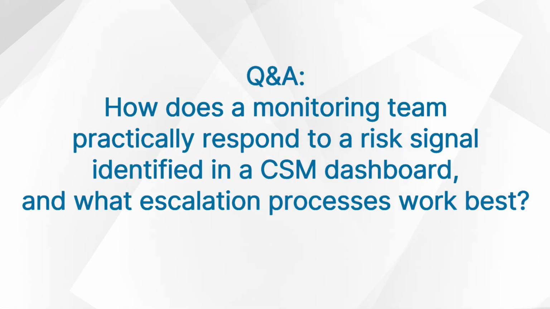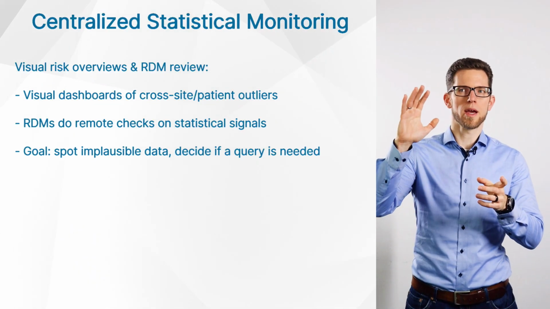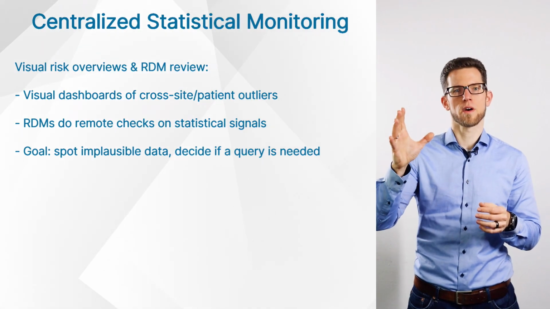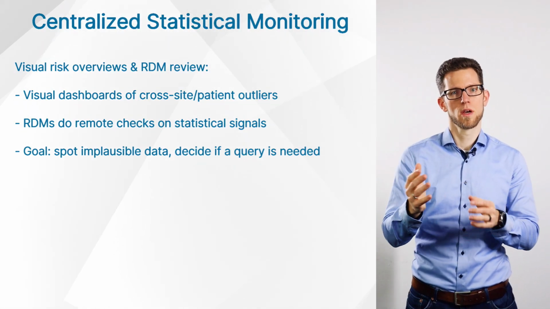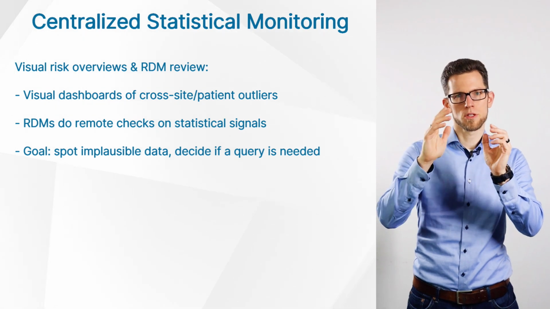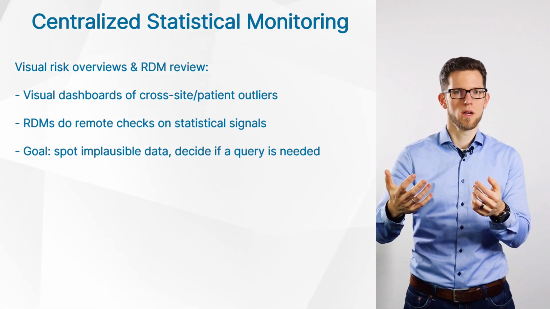How does a monitoring team practically respond to a risk signal identified in a centralized statistical monitoring dashboard? And what escalation processes work best? Within GCP Service, what we do is that we have visual overviews of all of our trial risks identified by centralized statistical monitoring. Those are trends between sites, or for individual patients, individual data, which are considered outliers and should be further cross-checked.